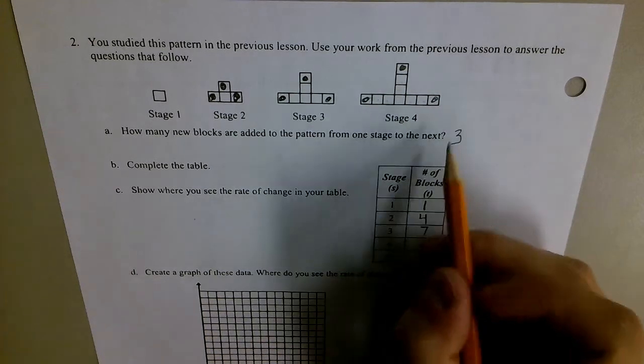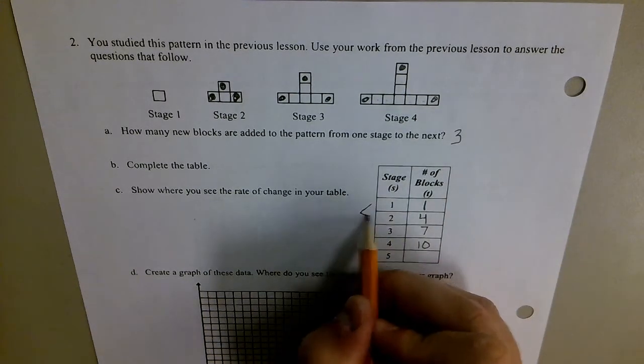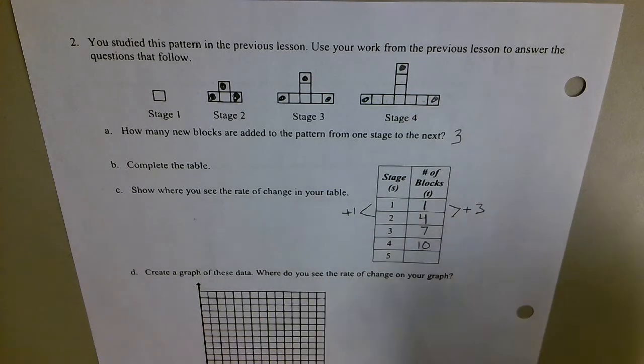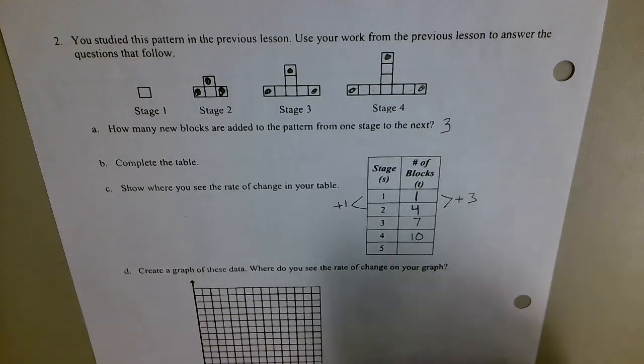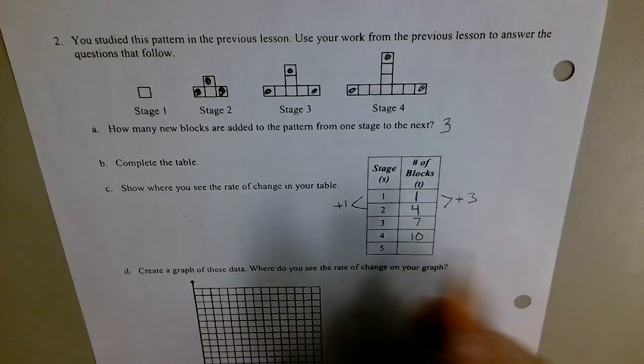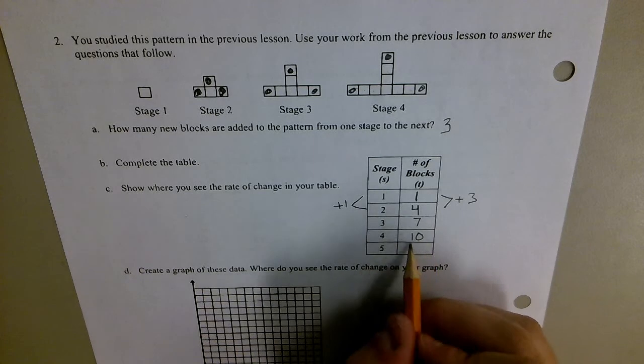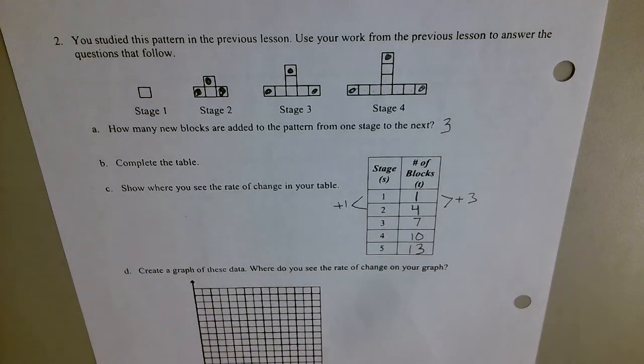And then we can use our pattern here because when we're going up 1 on this side, we're going up 3 on this side. So we can use that to figure out this last data point here. So 4 to 5 is up 1, so this side should go up 3, so I'm going to end up with 13 on this side.